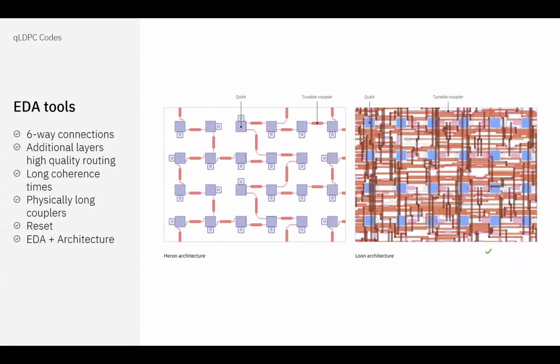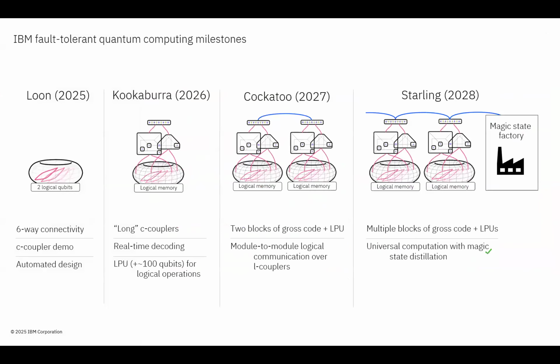So this we already saw, but in our opinion and our approach, it will be like creating next steps up to the Starlink in 2028 with this magic state factory, where we will use those new techniques and technologies we embedded into the gross code block, so these 6-degree couplers.